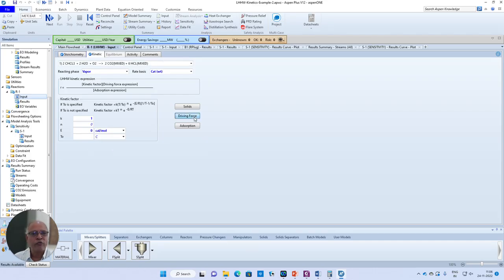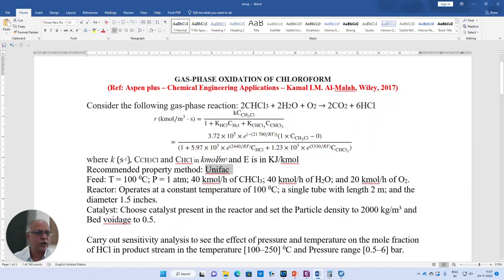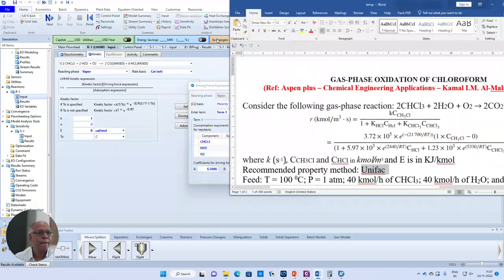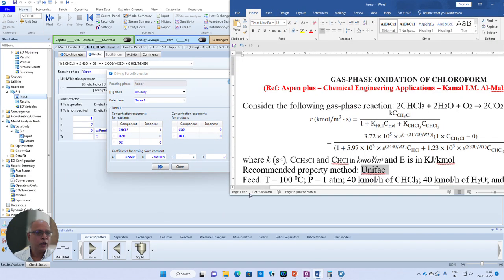Now coming to the driving force term, generally we expect to have 2 terms. Of course, the basis happens to be molarity, and represent the rate constant as you can see. The exponent with respect to this concentration is 1 and all other terms were missing.